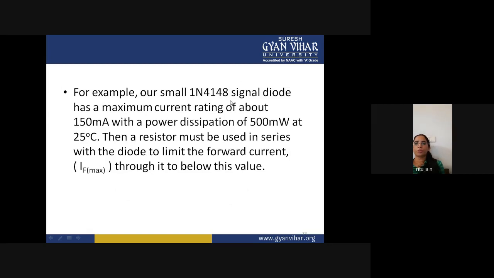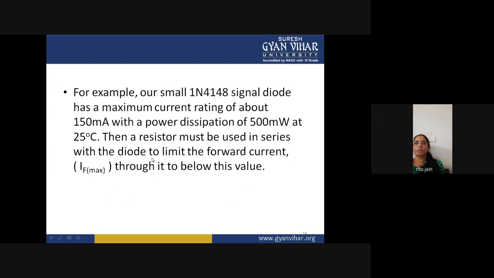So the 1N4148 signal diode has a maximum current rating of about 150 milliampere with a power dissipation of 500 milliwatt at 25 degree centigrade, which is your room temperature. So then a resistor must be used in series with the diode to limit the power flow.